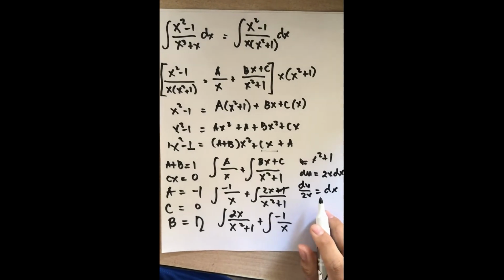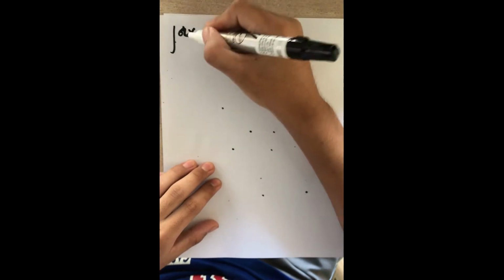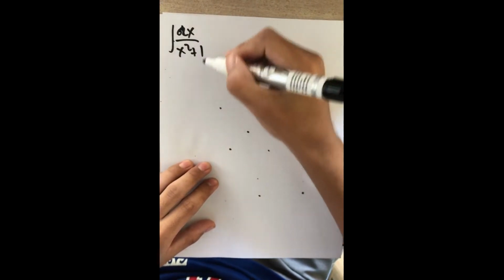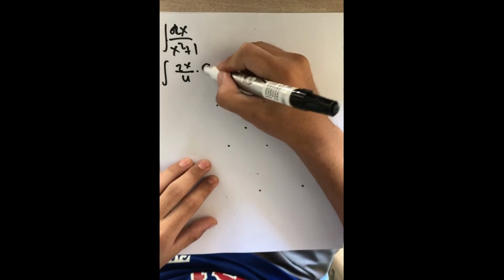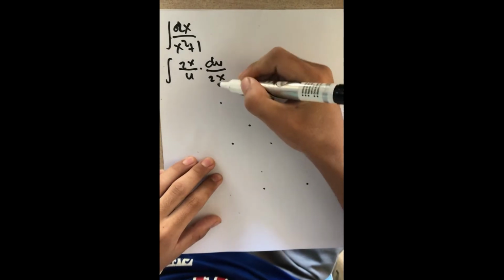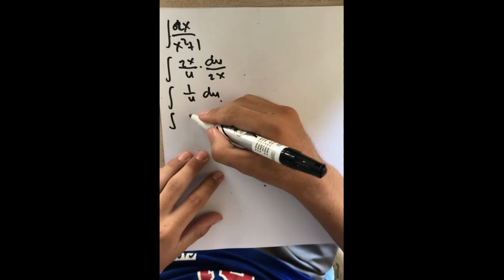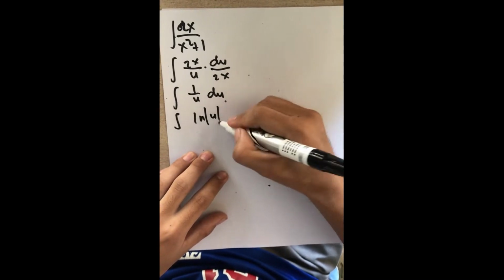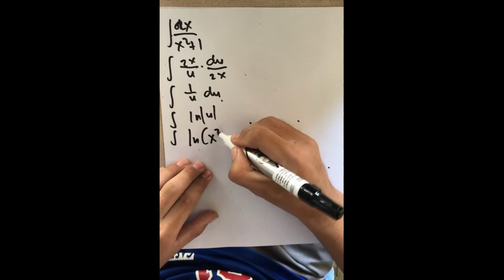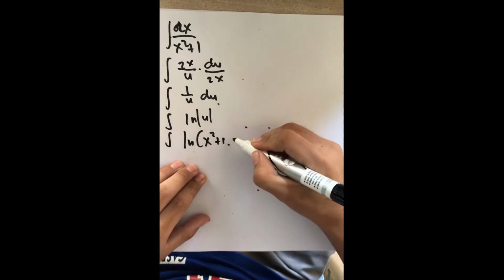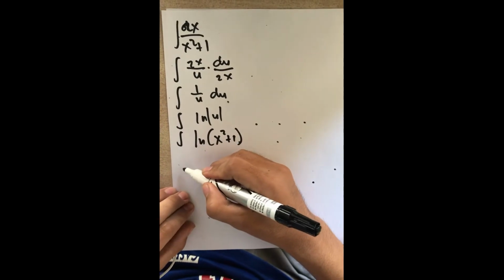So replace: 2x over u times du over 2x. Cancel the 2x, and we get 1 over u du. Since the integral of 1 over u du is ln u, and u is equal to x squared plus 1, the integration of 2x over x squared plus 1 is ln (x squared plus 1).